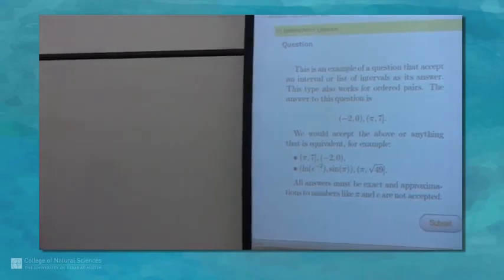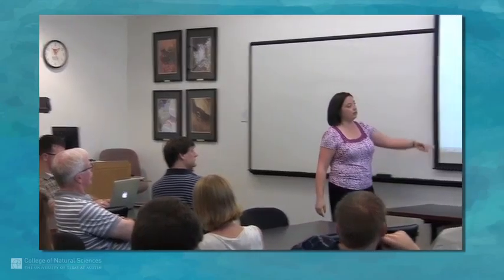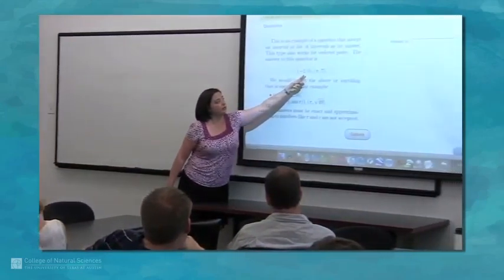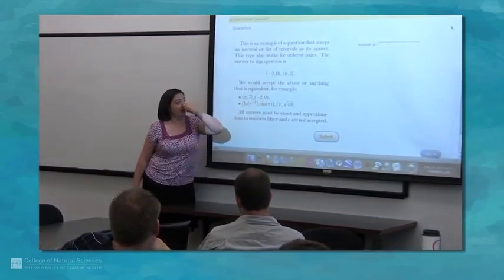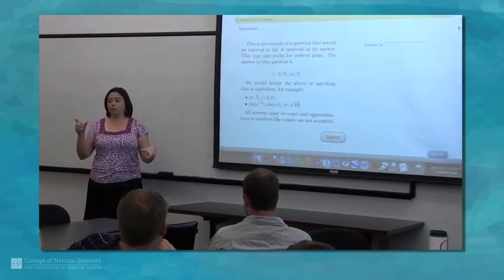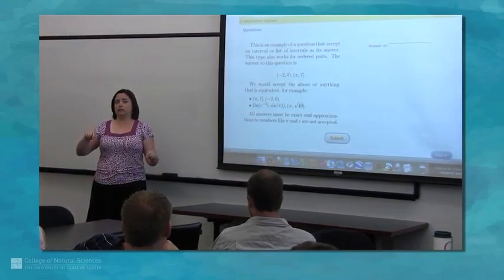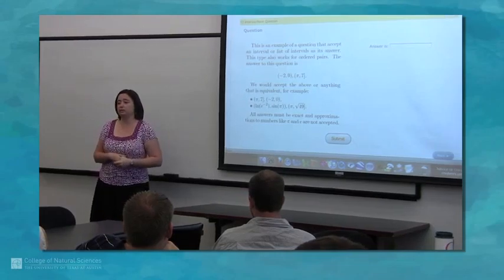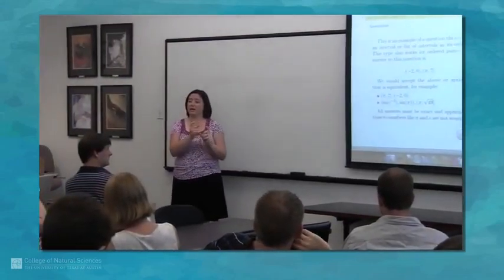So you'll notice though that if you were to ask a question like what's the domain of the function, there's no union there, right? So right now we can only accept lists of these things. So we could say that the function is defined from -2 to 0, pi to 7, and we would appropriately deal with the open and closedness of the brackets. And the order doesn't matter.